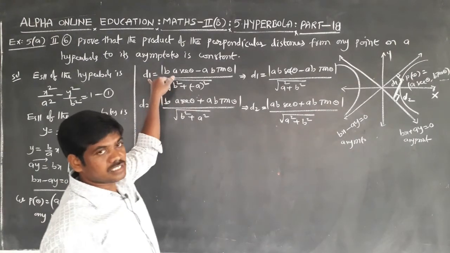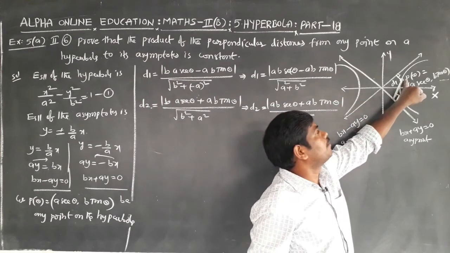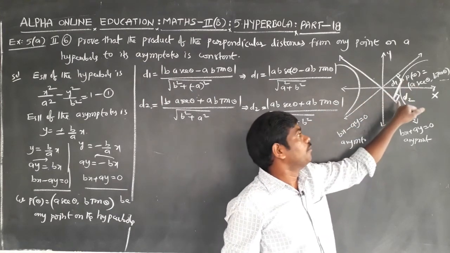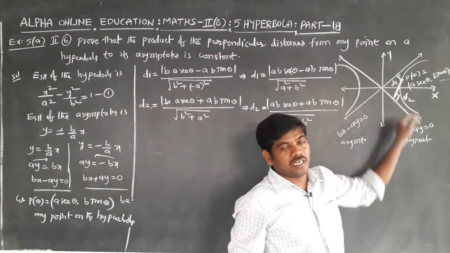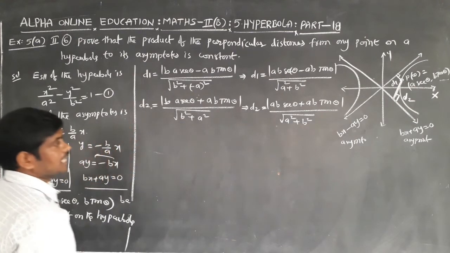Here d1 is the perpendicular distance from P to the first line and d2 is the perpendicular distance from P to the second line.